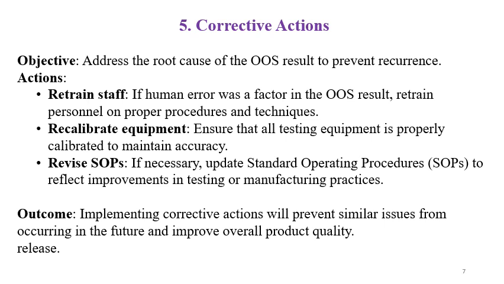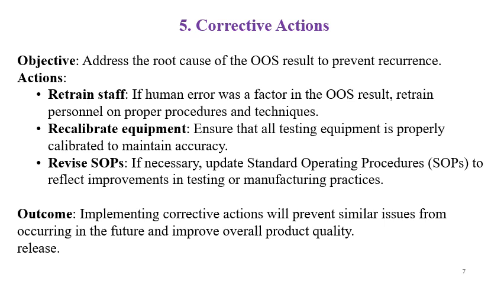Actions will be to retrain the staff, whoever the analysts are, whoever the people are working. Training should be given to them. If human error was a factor in the OOS result, retrain the personnel on proper procedures and techniques. Recalibrate the equipment. Ensure that all retesting equipment is properly calibrated to maintain accuracy.